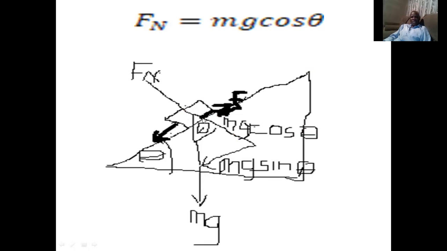Already you can see there are two forces acting on this object. One of them is mg sin theta, if the object is to move downwards. And there will be a resisting force, which is the friction between the object and the inclined plane.